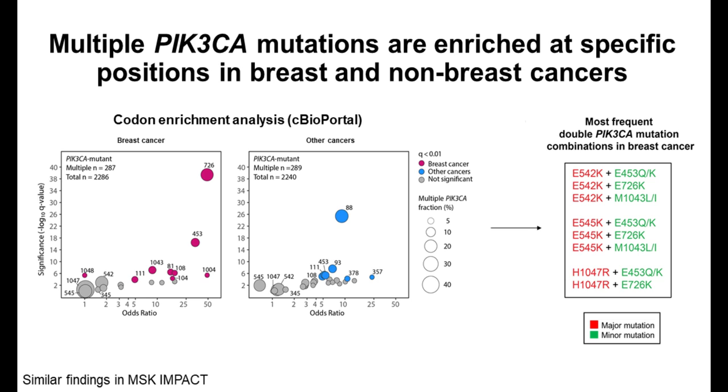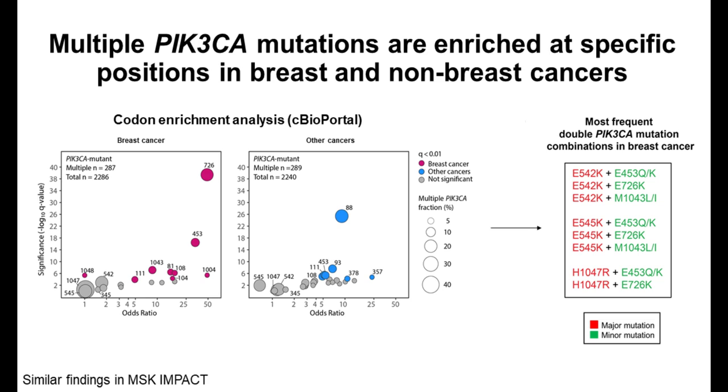Next, we checked to see if these mutations are scattered randomly throughout the gene or if they're enriched at certain amino acid positions. We performed so-called codon enrichment analysis, asking whether mutations at a particular position are more frequent in single mutant tumors versus multiple mutant tumors.